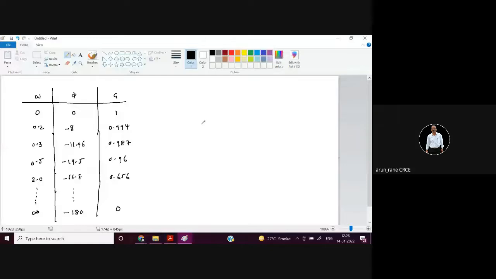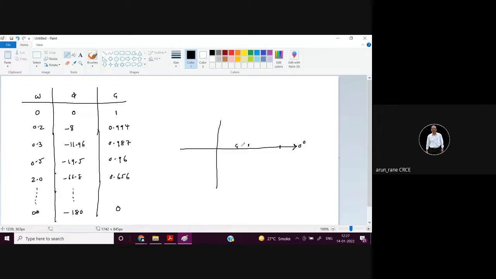Now we'll plot this graph. This is the y-axis, x-axis. So we start with phi. So phi is equal to 0. This is 0 degree phi, and you mark this as my 1, from here to here it is 1. G is equal to 1.